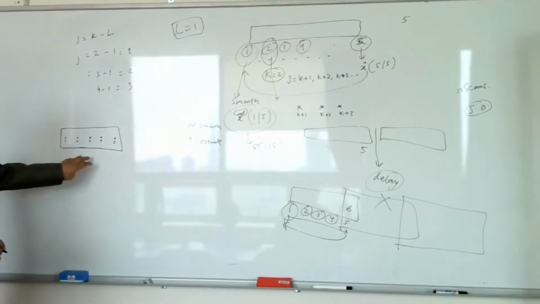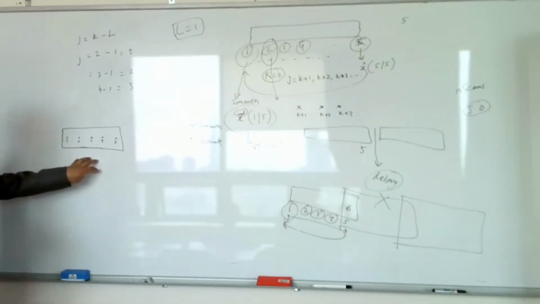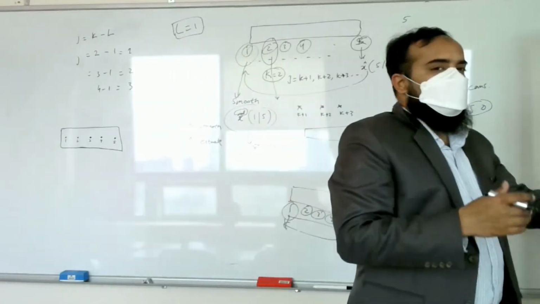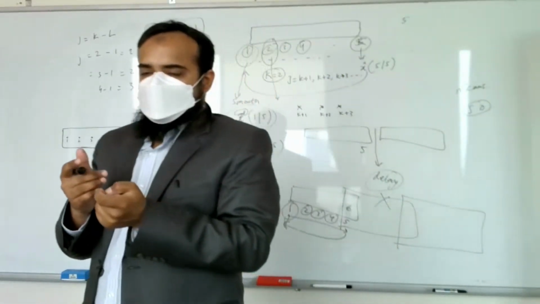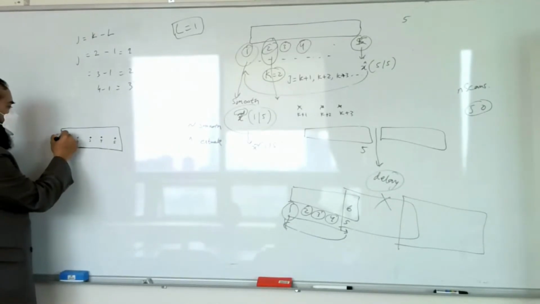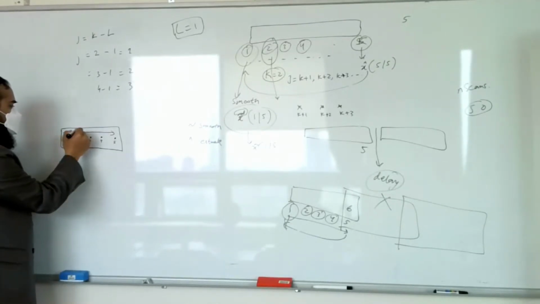So what happens in the fixed lag smoothing and fixed interval smoothing? In fixed lag and fixed interval, two types of filter are applied. First one is forward filtering.